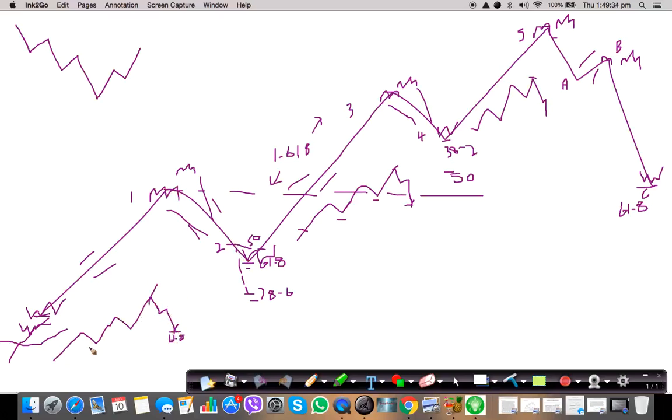So the market has gone up and then it's consolidating and coming back towards the EMA 50 and then bounces back up, and then again it will find its way at the EMA 50 and bounce back up, and then this time round it will break the EMA 50 and come back down, correct?